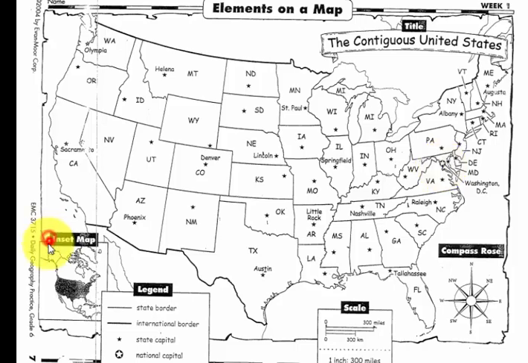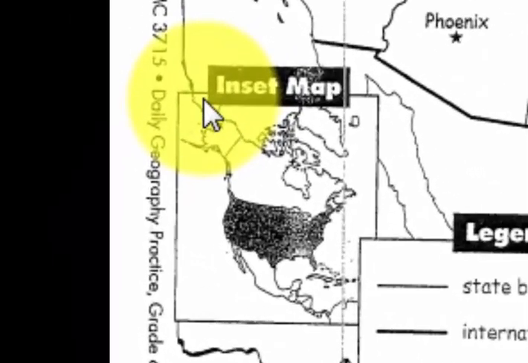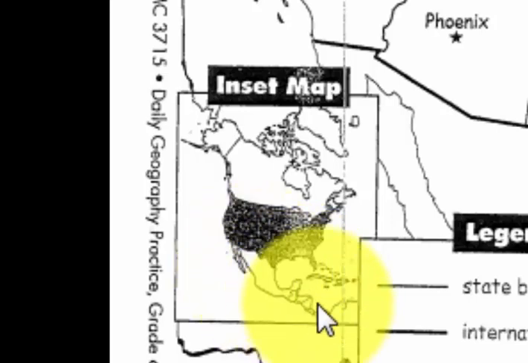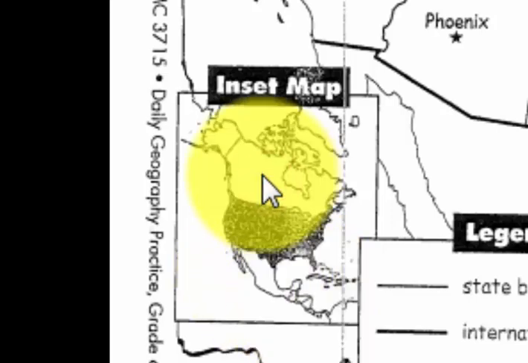That's where this 5th element, an inset map, gives you a little bit of a broader picture. It's a zoomed out version. I can see that the dark area here is the United States, but I can see what's around it too. I can see Mexico, Central America, and Canada up above it. So instead of being so zoomed in, it's more zoomed out.